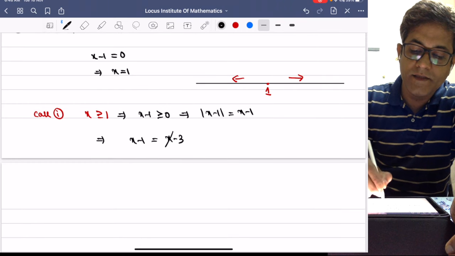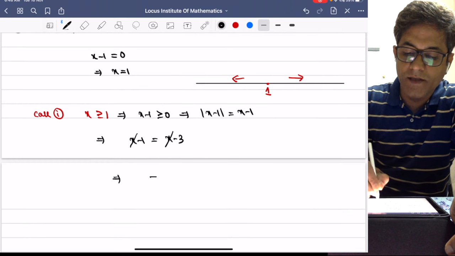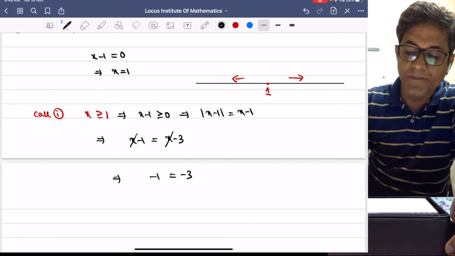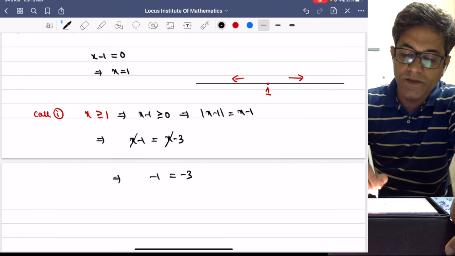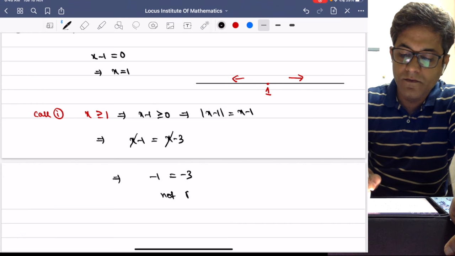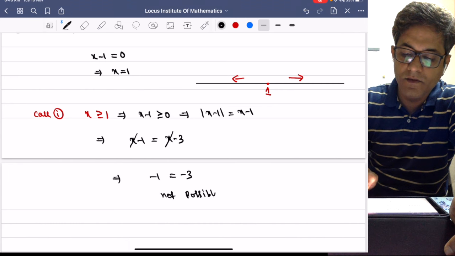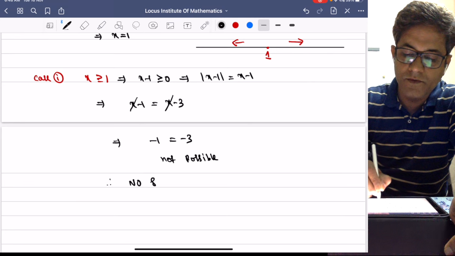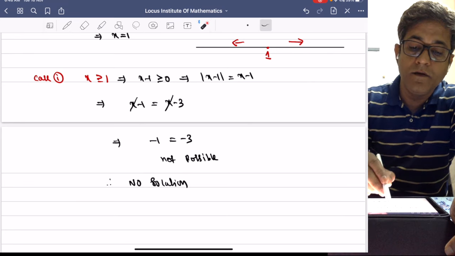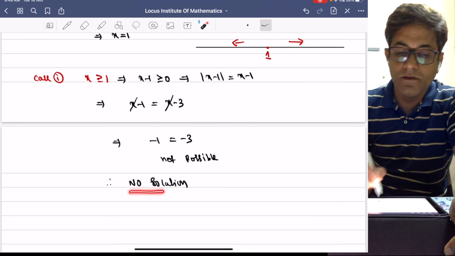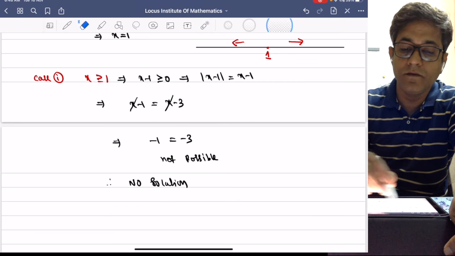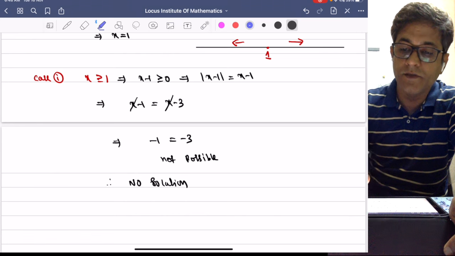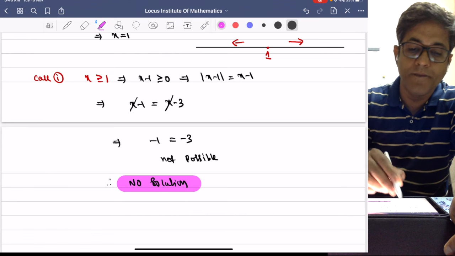So here the x cancels. This is minus 1 equals minus 3. So this is not possible. Therefore, no solution in this case. So when x is greater than or equal to 1, the equation has no solution. So this is case 1.